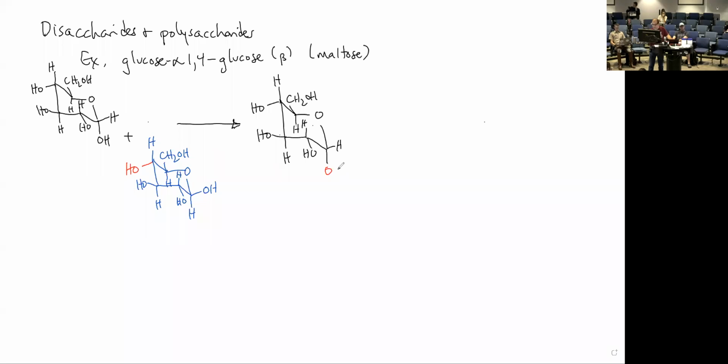So let me see, that's going to go up here. And this one is in the beta form. This is otherwise just glucose. So looking something like that.